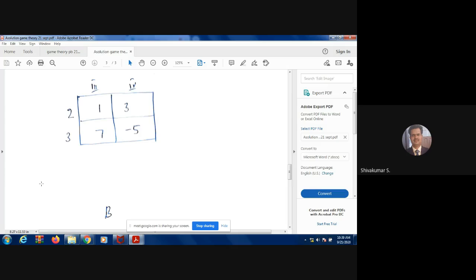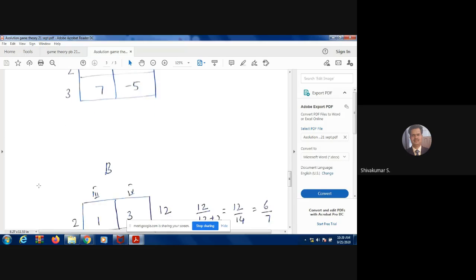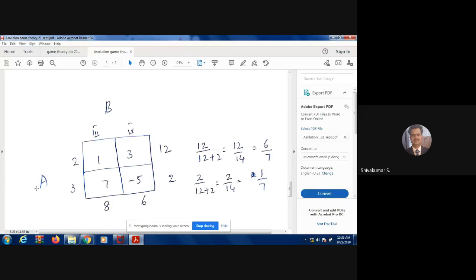That's the solution for the game. Now you have reduced the matrix into 2 by 2 using the rule of dominance. Yeah, now this is the final matrix.